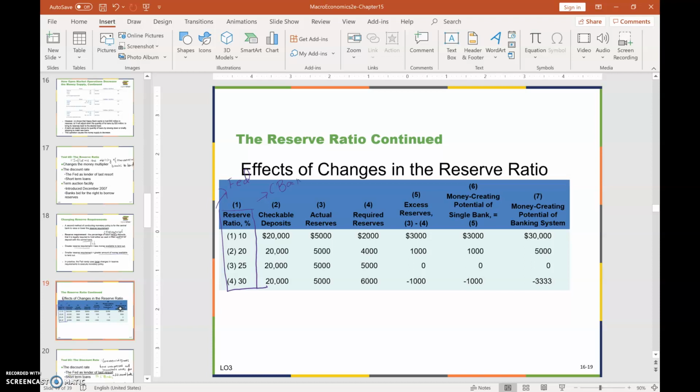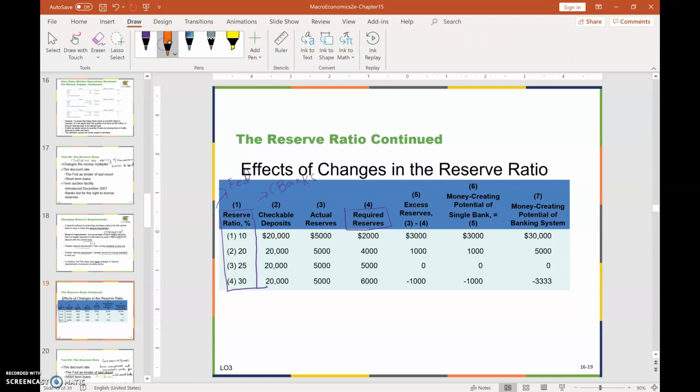I'm just going to write this as C banks. The required reserves part, this comes from the reserve ratio and from the checkable deposits. So I'm just going to try to make them interconnected by drawing these arrows.